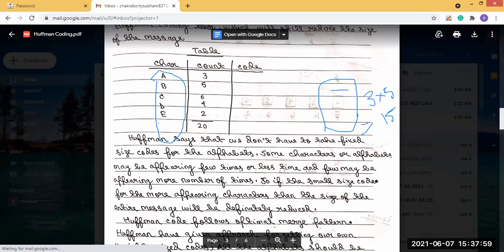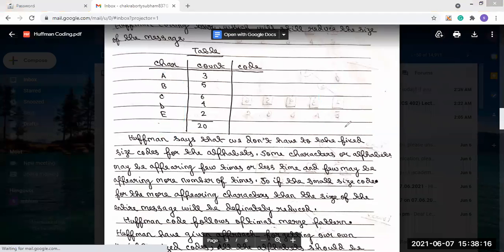for getting our own variable size code. That is, all the alphabets should be arranged in increasing order of their count. So what does Huffman say? Huffman says that according to their count, they will be used in increasing order.